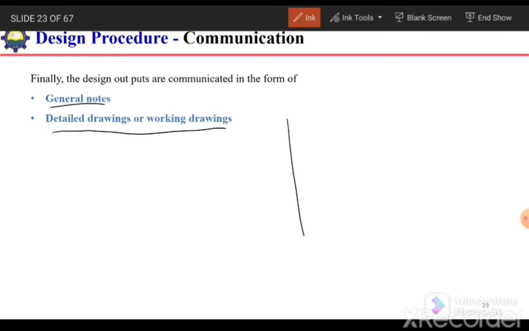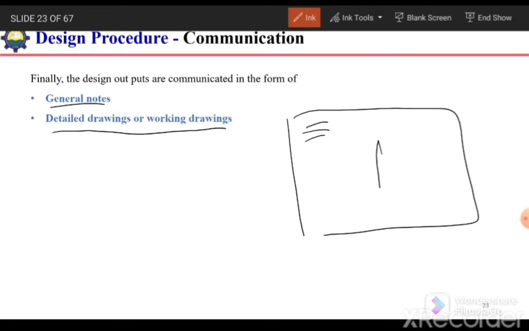So we will make the drawings, we will write some journal notes, and we will draw the sections, elevations, and different details of connection in the drawing sheet. So based on these drawing sheets, the contractor will be able to execute or construct the structures.